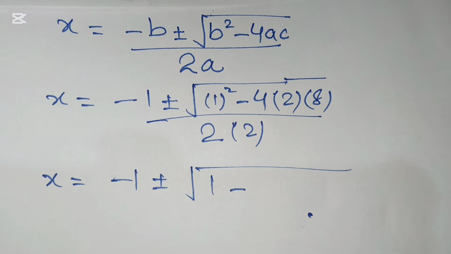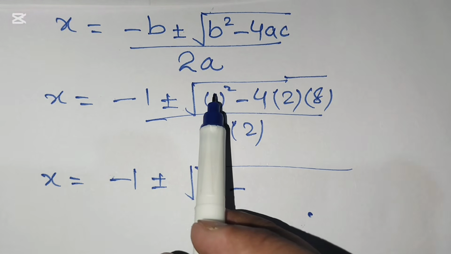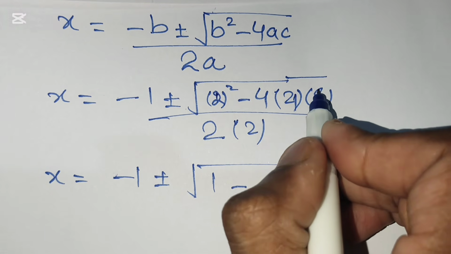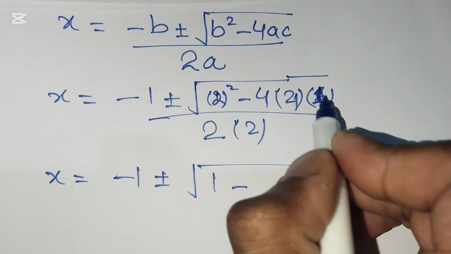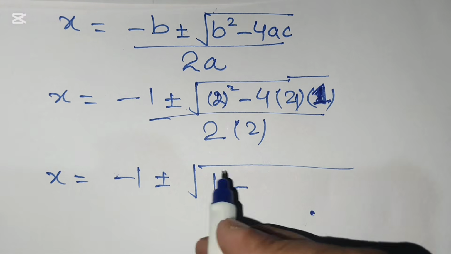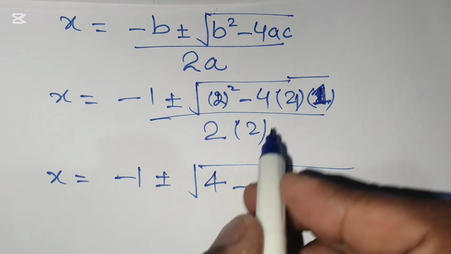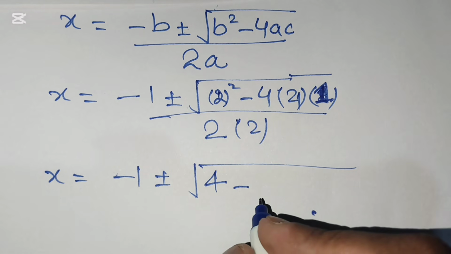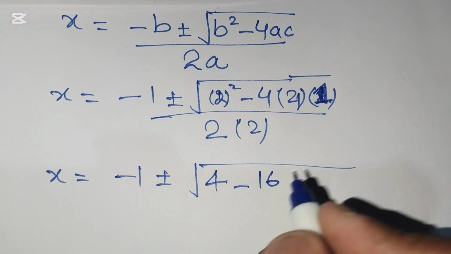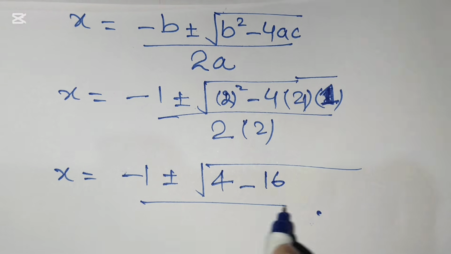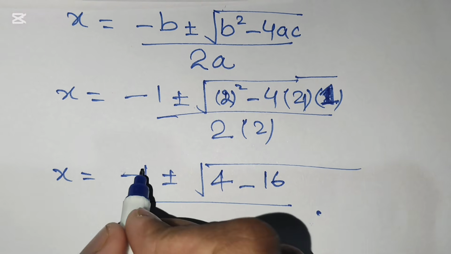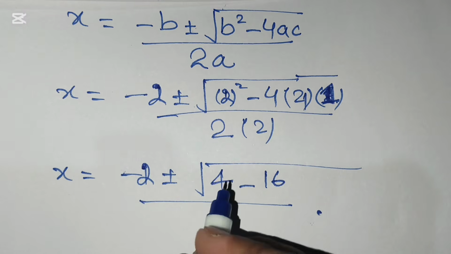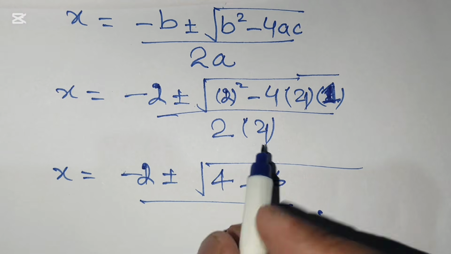So we have b is 2 square minus 4 into a is 4 and c is 1. 2 square is 4, 4 minus 16. b is minus 2, a is 4, 2a is 8.